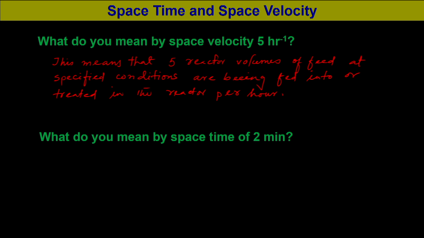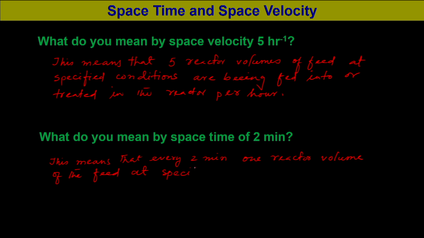The space time of 2 minutes means that every 2 minutes one reactor volume of the feed at specified conditions is being treated by the reactor.